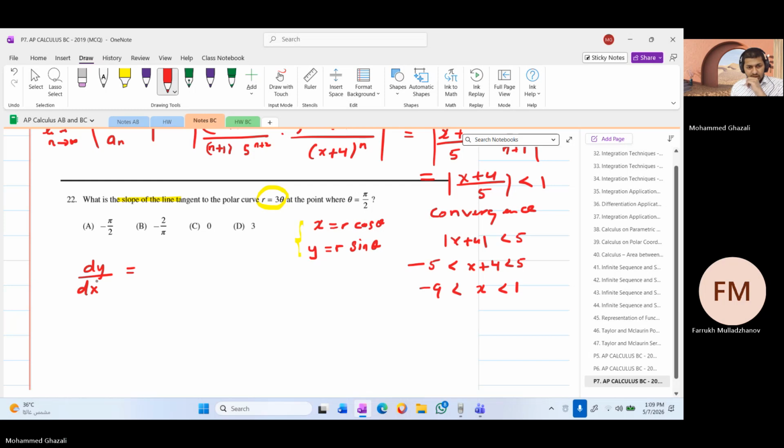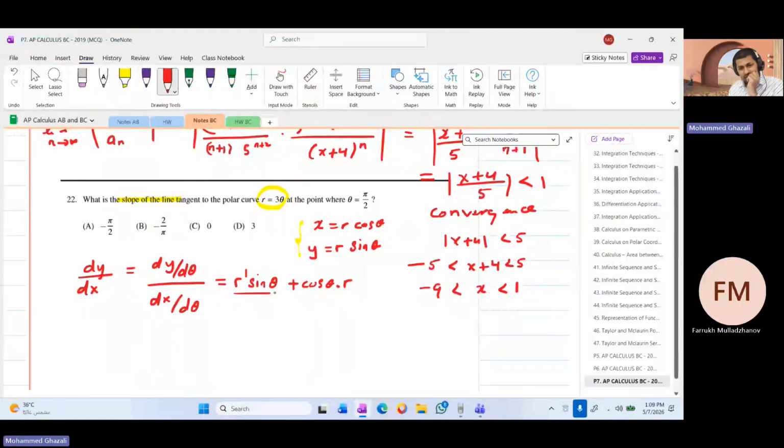Now, dy/dx is the same thing as dy/d theta over dx/d theta. What's the derivative of y? It's r prime sine theta plus cos theta times r. Makes sense? Just finding the derivatives, product rule.